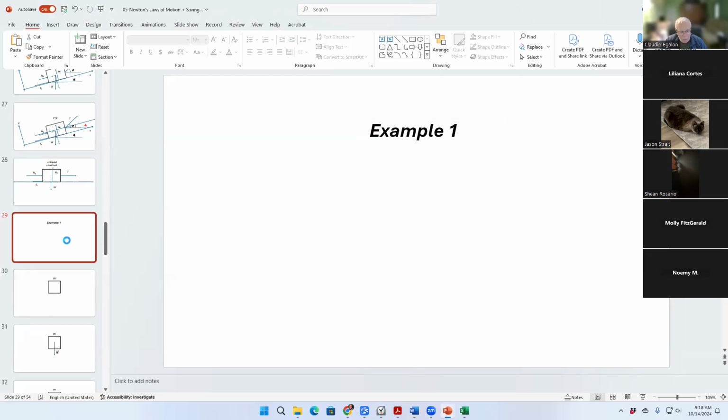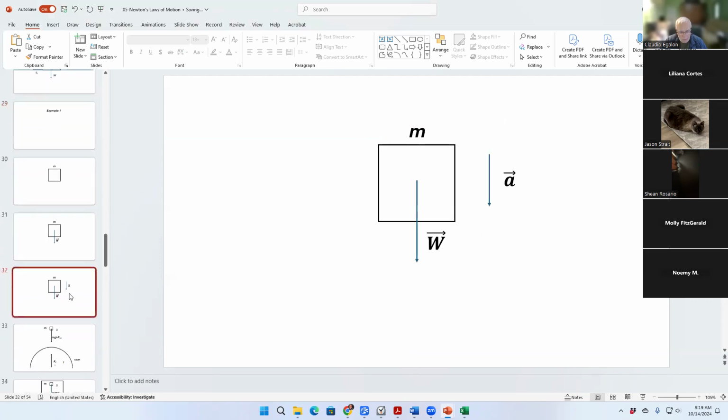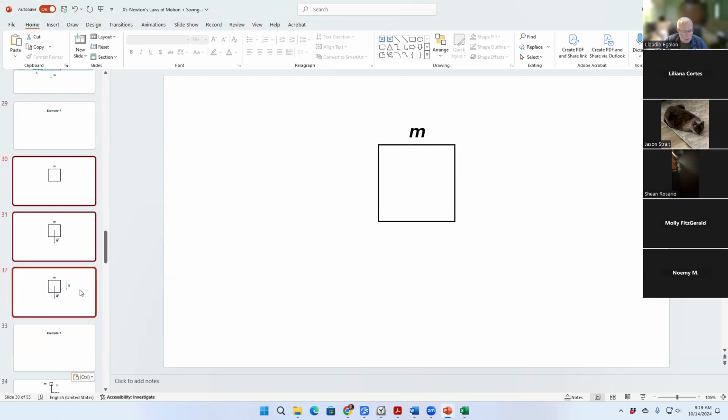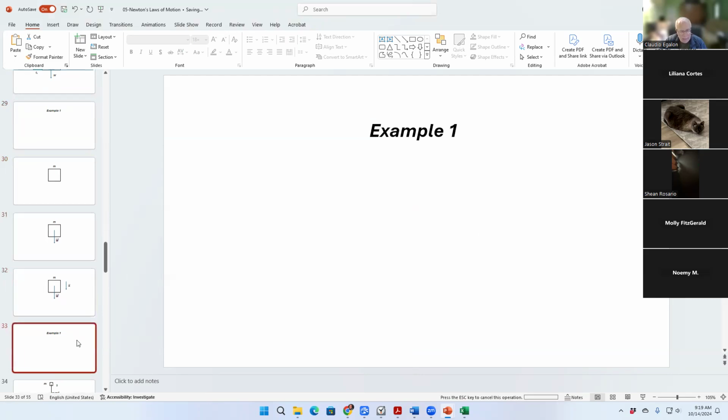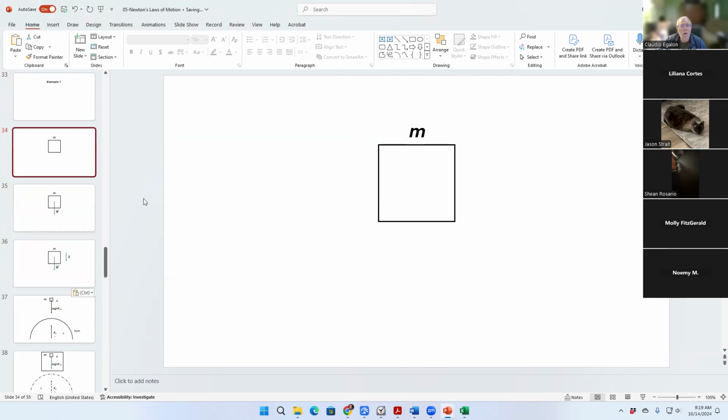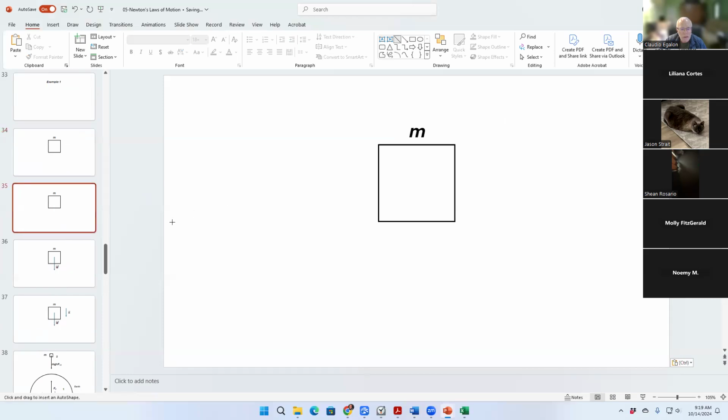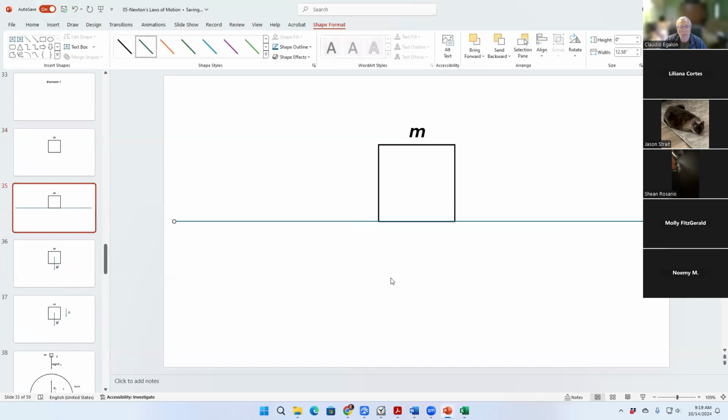And now we're going to do example 2. And I'm going to use those drawings here to make it easier for me. Okay, first draw the object, mass m, 1 kilogram. Next, you draw the surface that the object is resting on.